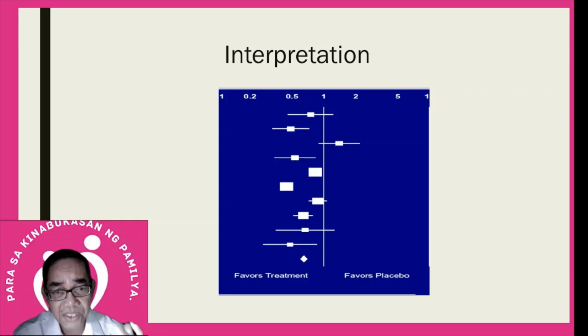The estimate will always be at the middle. So this is the odds ratio for this study, and this is the 95% confidence interval, with the lower limit and the upper limit.